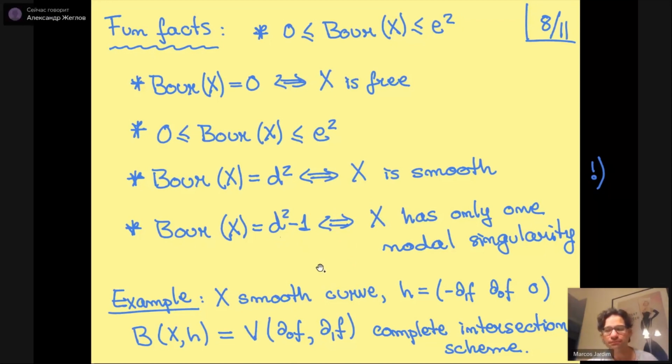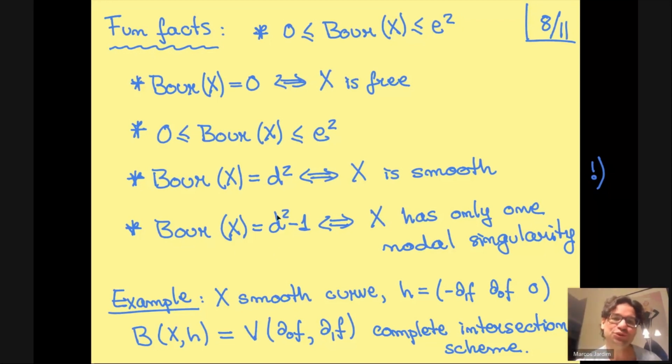And what about one cuspidal singularity? Then this we don't know. One cuspidal singularity has Tiurina number equal to 2, but it's not true that the Bourbaki degree is going to be d squared minus 2. For instance, the Bourbaki degree for a cuspidal cubic is 1, not 2.